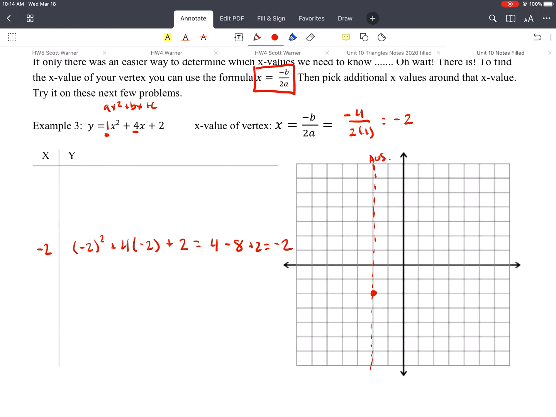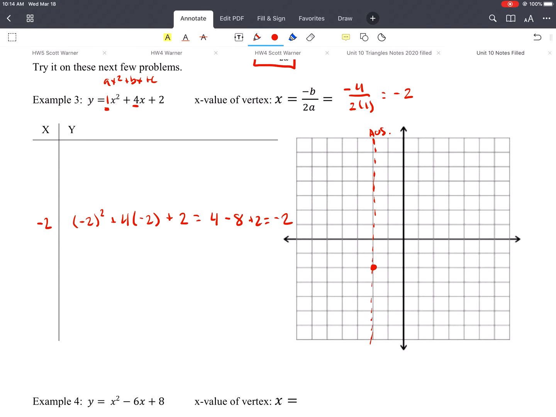Okay? So now we have our vertex, we can find one that is next to it. So we could do like negative 1. So negative 1 squared plus 4 times negative 1 plus 2 is equal to, okay, 1 squared is 1, minus 4 plus 2. And that ends up giving you, looks like, negative 1.